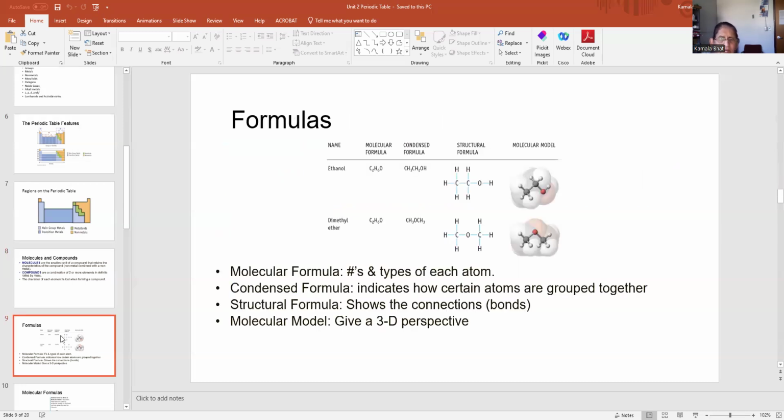The formula of a compound can be shown or indicated in different ways.